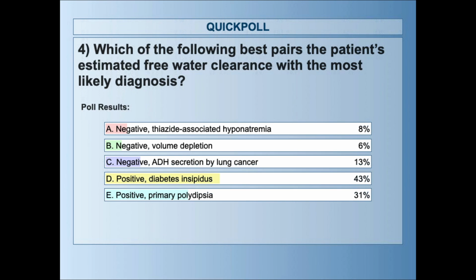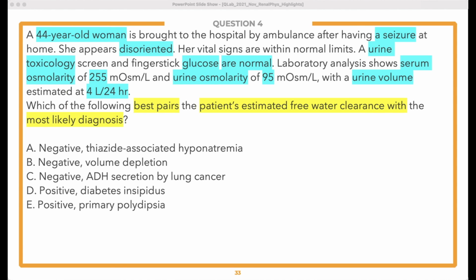And it looks like the top vote getter was answer choice D, which was positive with diabetes insipidus. But answer choice E, pretty close, right on its heels there with 31%. So we're going to go ahead and hide those results.